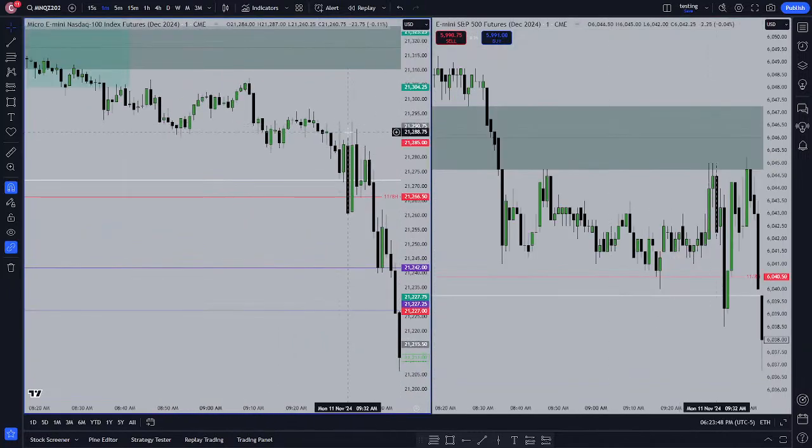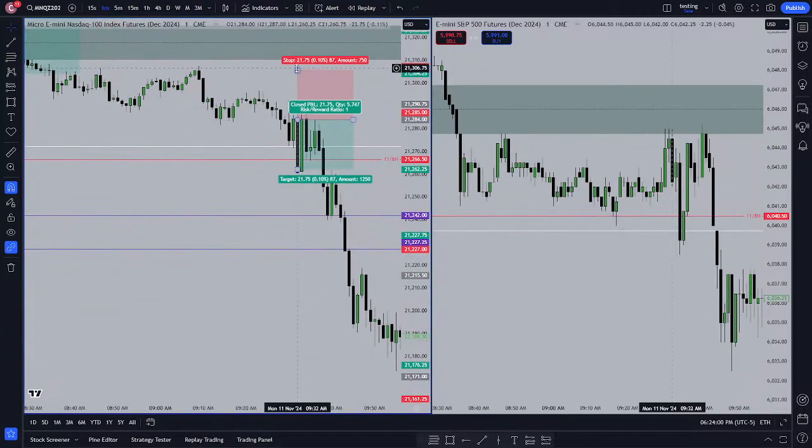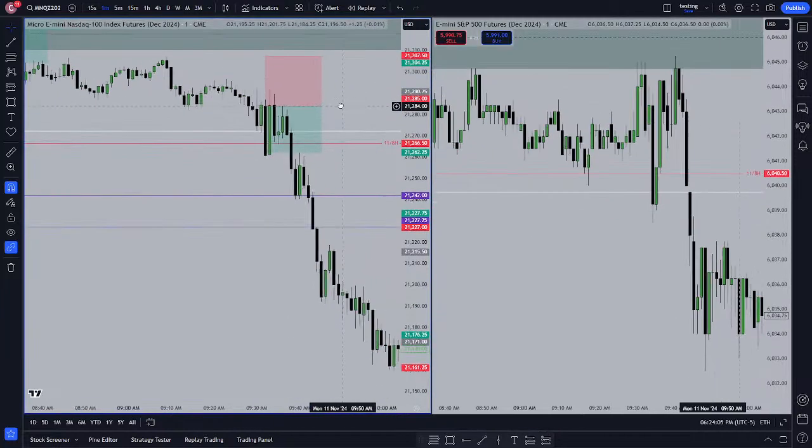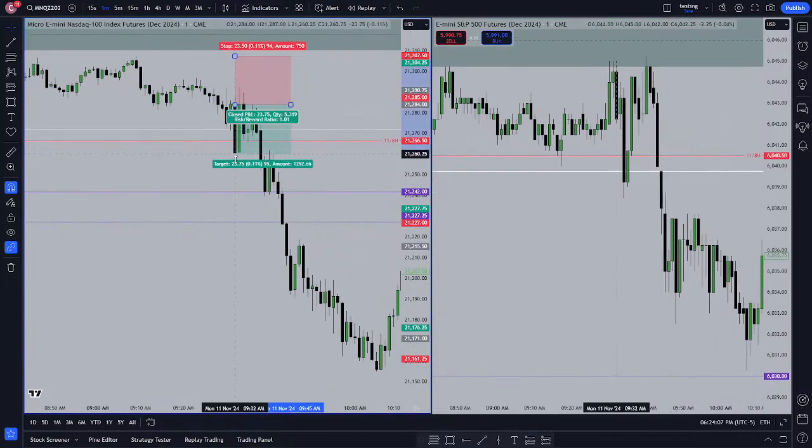You can trust it literally here. As soon as it gets in there, let's say you get in around here. Let's say you put it here, just for good measure. Target there.